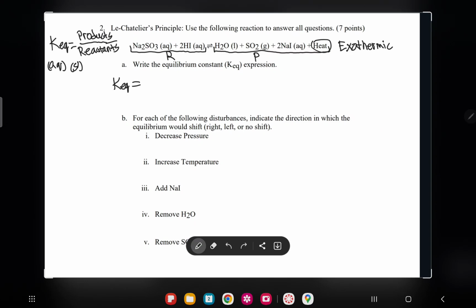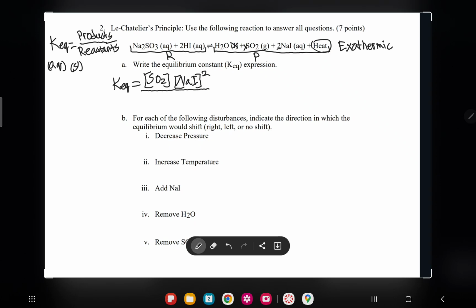So we can see that H2O is a liquid. We will not be using that. So we'll be starting with the SO2 because it's a gas. There's no coefficient in the front, so no exponent. And then we have the NaI. And it has a 2 coefficient, so we'll be putting 2 on top. So that's it for the products.